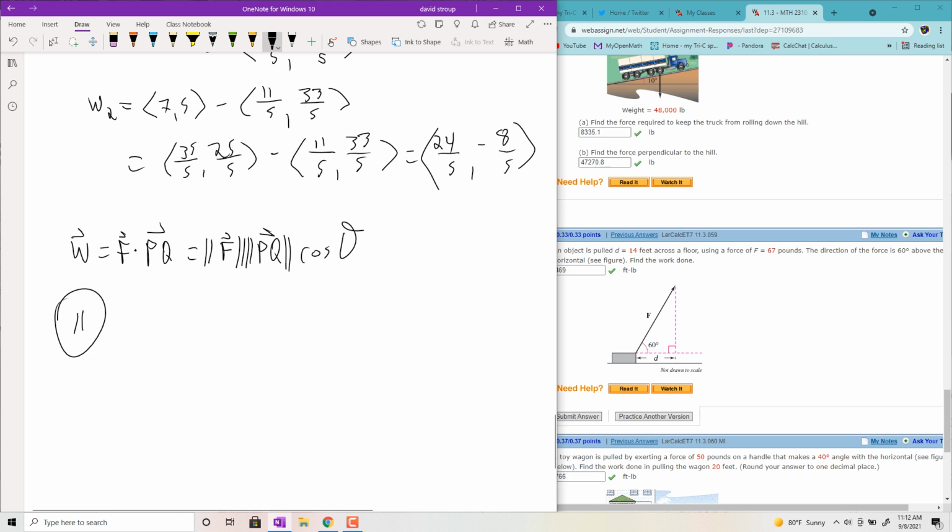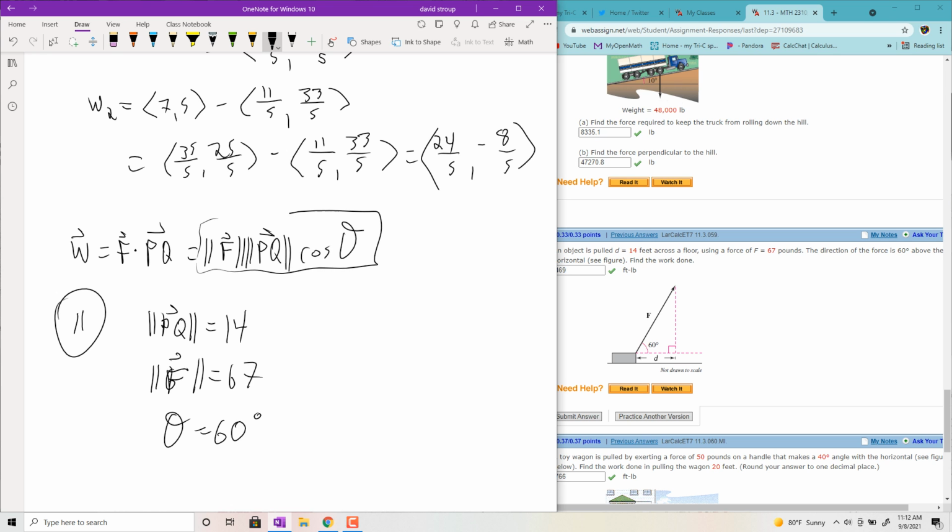So the object is pulled 14 feet, so we have the magnitude of the PQ vector, which is the distance. The magnitude of the force is 67 pounds. The angle theta is 60 degrees.